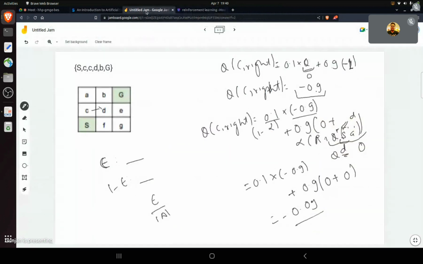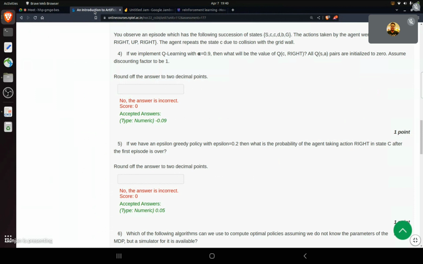Now in state C, you can do up, down, left, right, four actions you have, right? So epsilon is 0.2 and epsilon by mod A will be 0.05, and that is your answer.